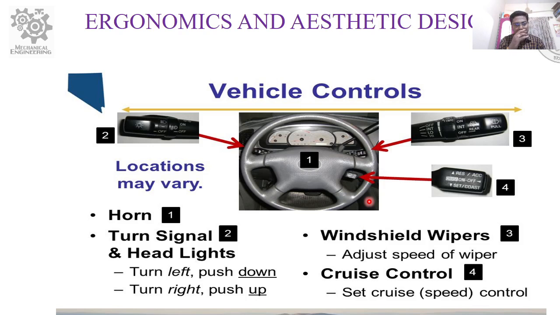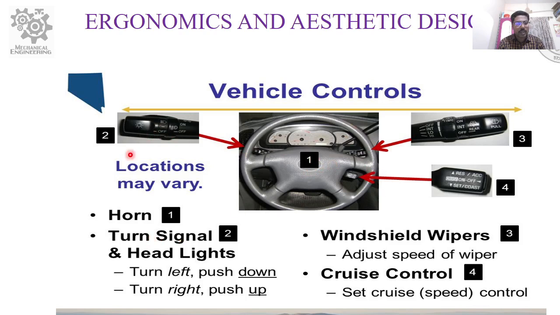Next we go for the full details about vehicle controls in the driving seat. Observe here, number 1 indicates the horn. Locations may vary from vehicle to vehicle. Number 1 is the horn, which we push at the top of the wheel.